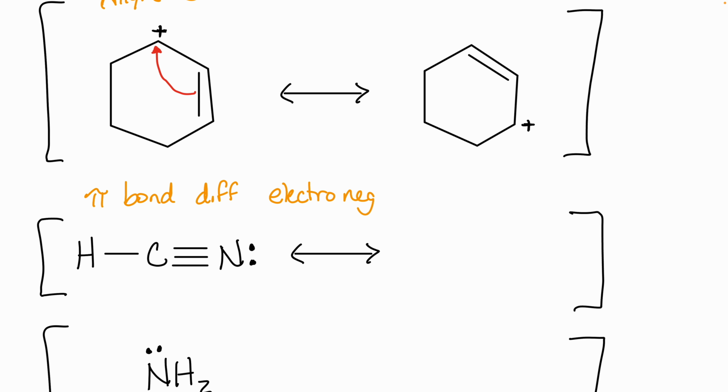But that more electronegative element can pull that electron density from that pi bond onto itself. Now my carbon only has 3 bonds, meaning it has that positive charge. And my nitrogen now has 2 lone pairs, meaning it has a negative formal charge.